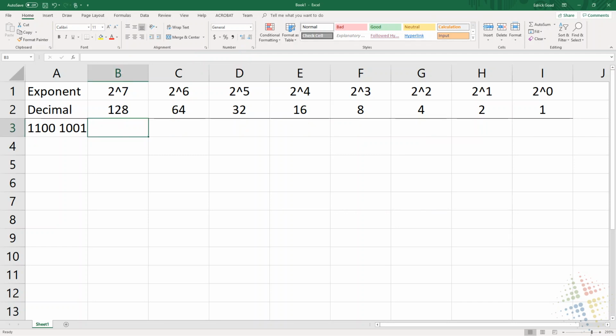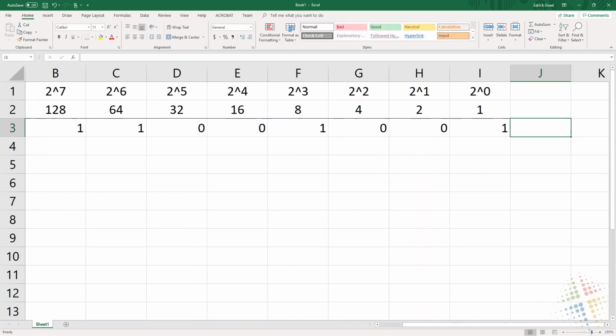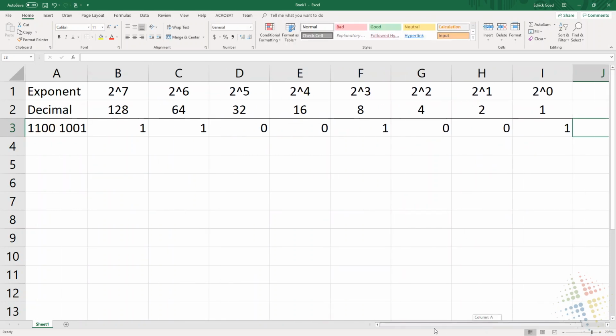And I'll actually do that in Excel. And there we go. So now what I do is I look at all of these decimal numbers right here, 128, 64, and so on, everywhere that I have a 1.